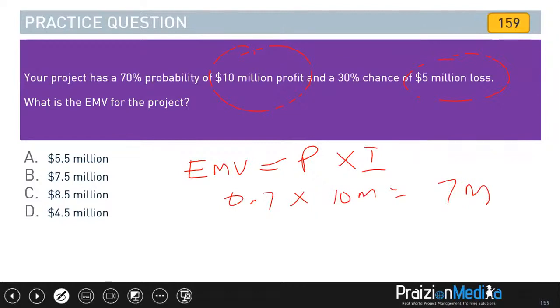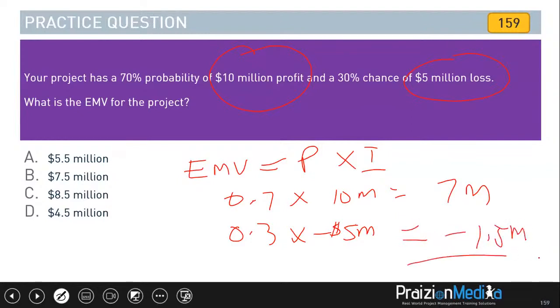And then you're going to have 0.3 times minus 5 million because we're dealing with a loss, and that will be minus 1.5 million. You add them together, it becomes 7 minus 1.5. And from there, you derive the answer.